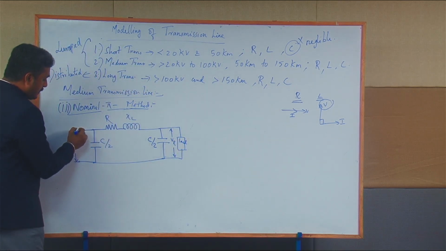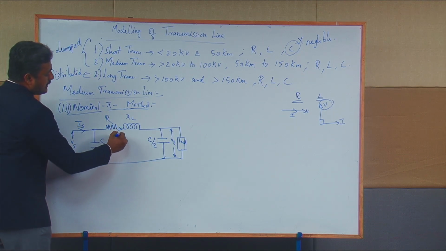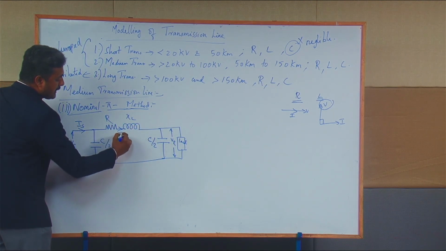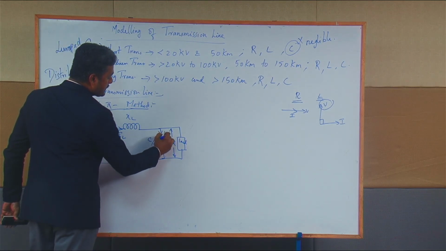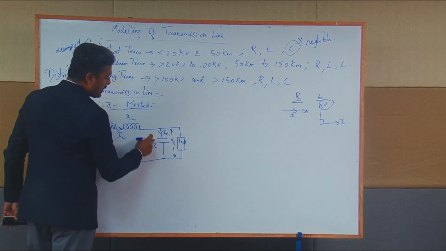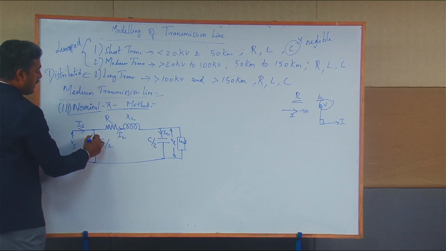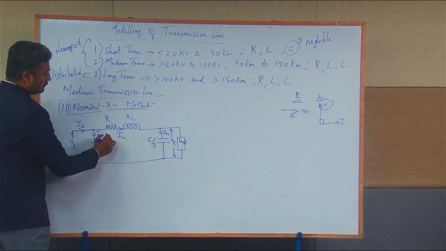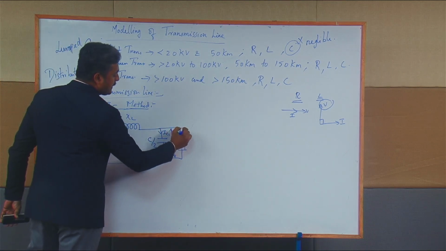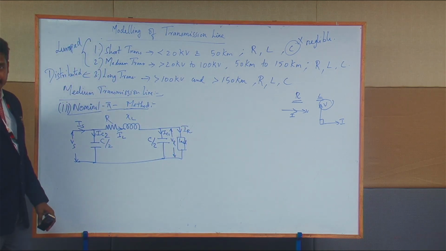The current drawn from the sending end is the sending end current Is, the current flowing towards the transmission line is IL, and the currents flowing through the two capacitances are IC1 and IC2. At the receiving end you have the receiving end current IR.